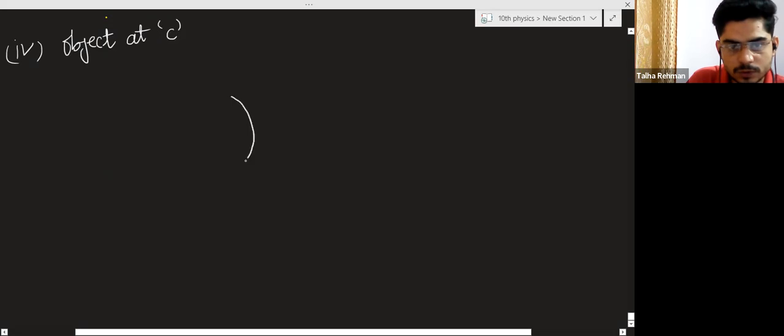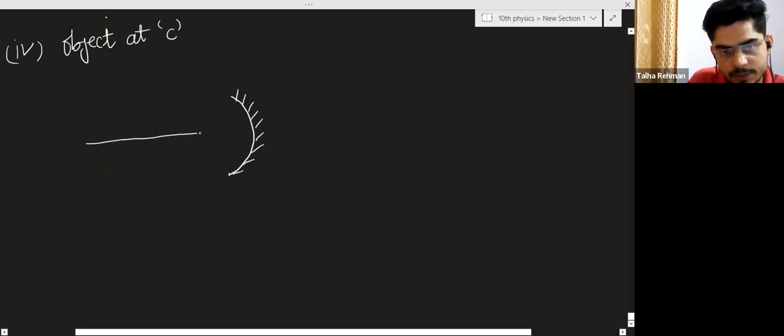So this is the concave mirror, and this is the principal axis, this is the pole, and suppose this is the center of curvature, and here somewhere there will be focus in the middle of pole and center of curvature. This is center of curvature, this is focus, and this is pole, and the object is placed here.